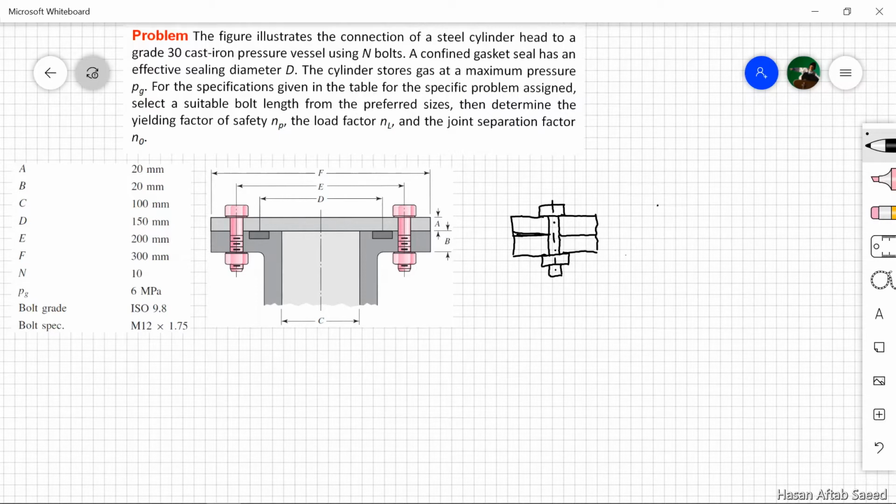So if I draw this bolt part only, it will be helpful for us in doing the first part of the problem.